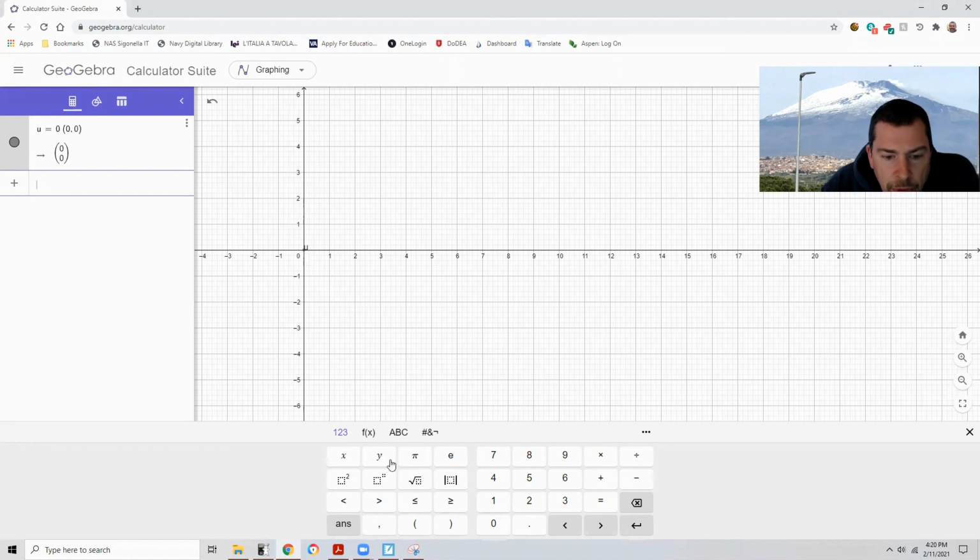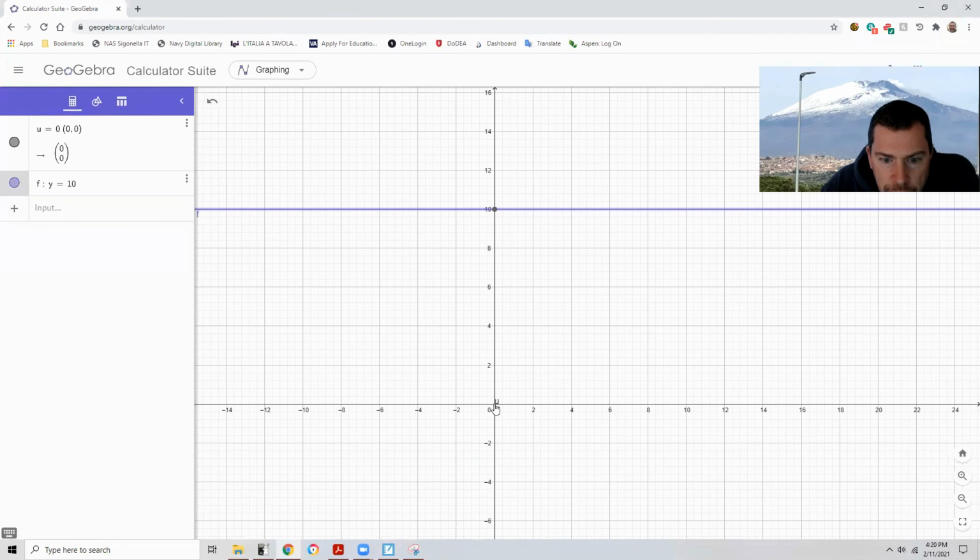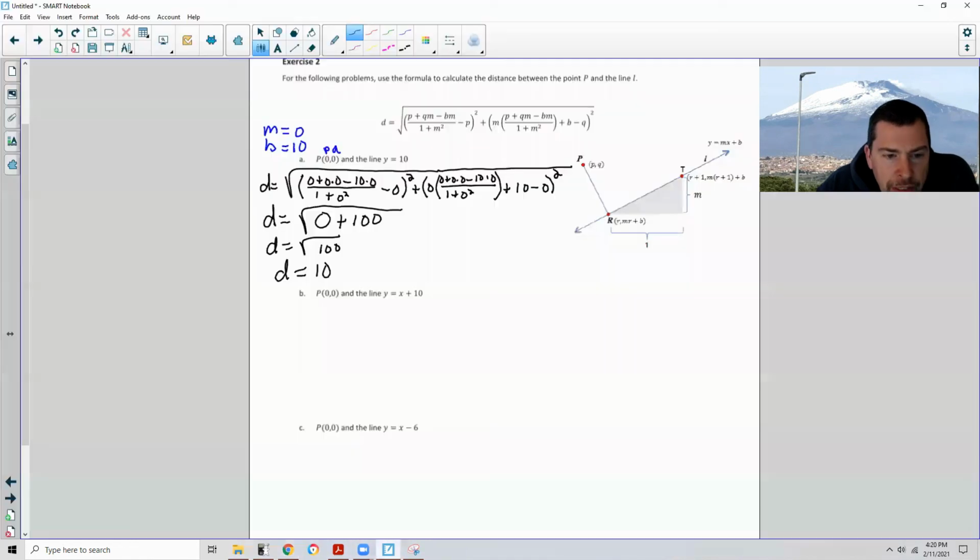And then I'm going to put y equals 10. Enter. So we're looking at this point right here. Well, how far is it from there? Perpendicular to it is the y-axis, and it's a distance of 10 because it's a vertical line. Okay, so that was just a basic example to show that this works.